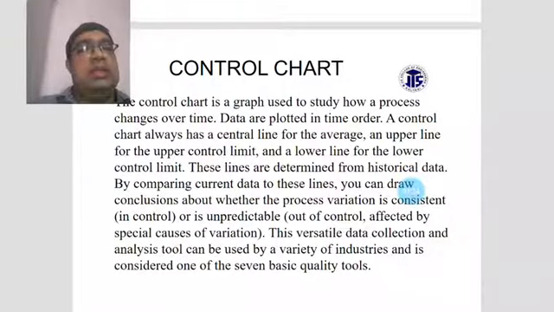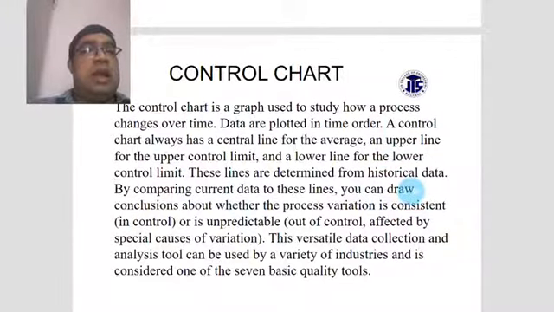By comparing the current data to these lines, you can draw conclusions about whether the process variation is consistent and in control, or unpredictable and out of control, affected by special causes of variation.